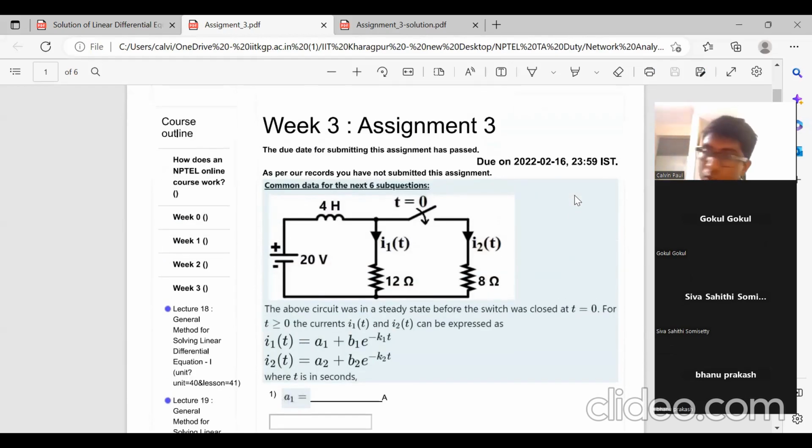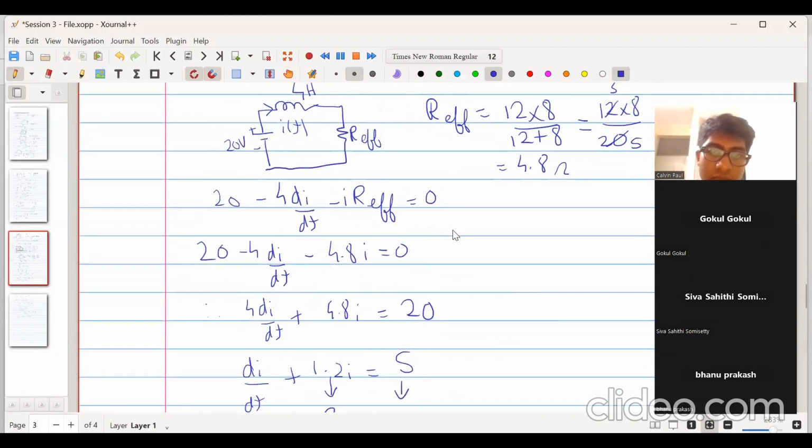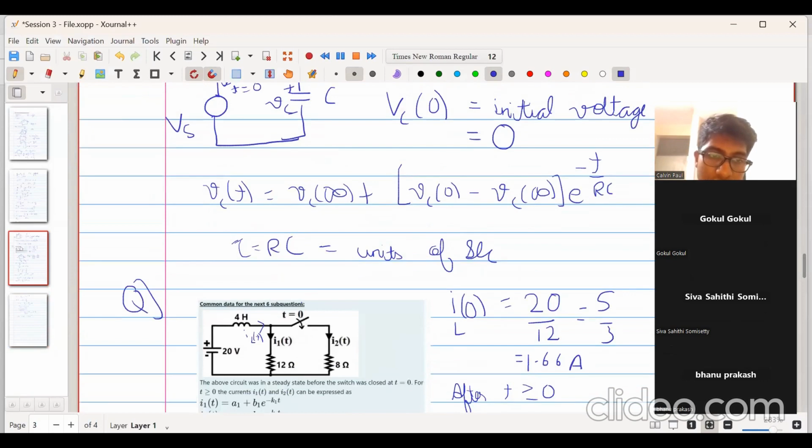Okay, so there's a current division rule. This is our original circuit. We have found the equation for this IL of t. Now we want to find the current through I1 of t and I2 of t. At time t equal to 0, this switch is closed, so this current will get divided over here and here.